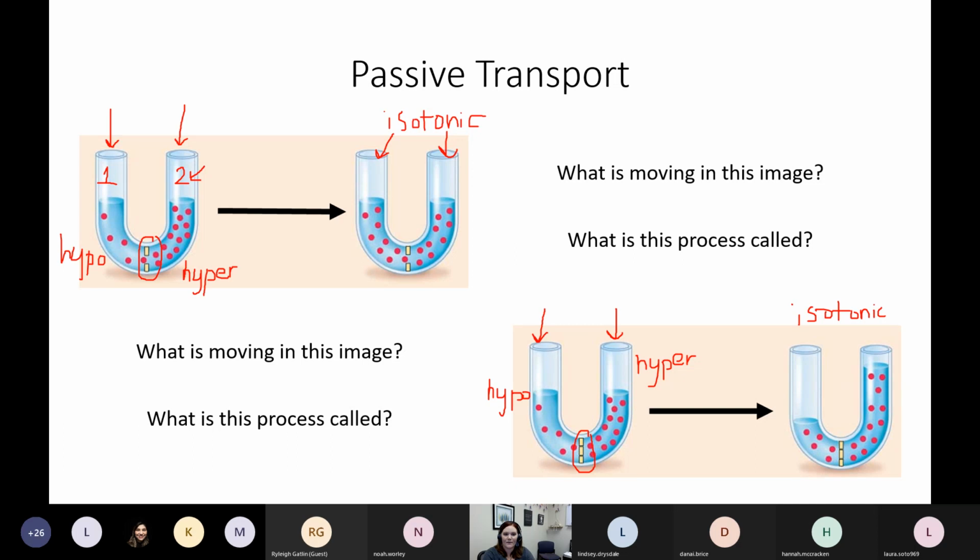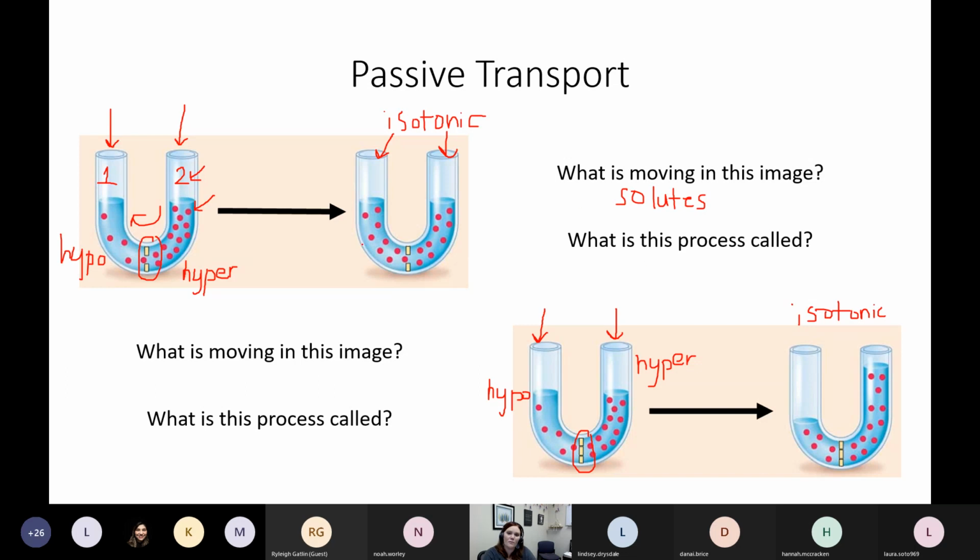Two ways to do that. First way to do that is what we see up here. What moves in my top image are my solutes. The little red dots that we saw over on this side here, they said, whoa, I am way too close to my neighbors. I'm going to sneak next door and there'll be way more space over there.